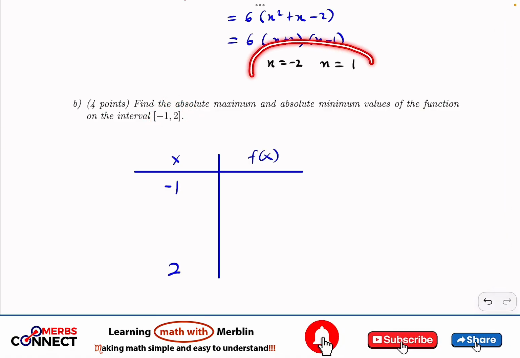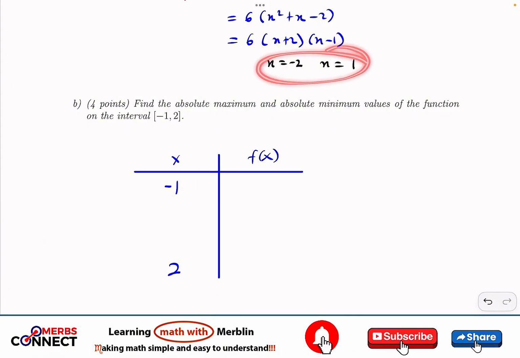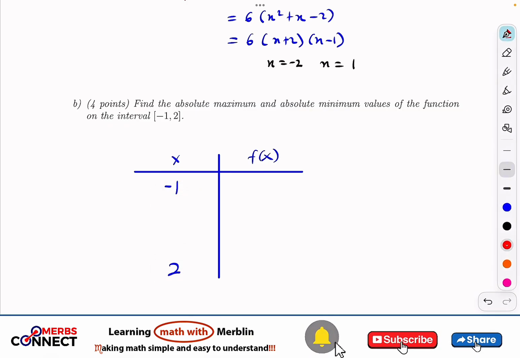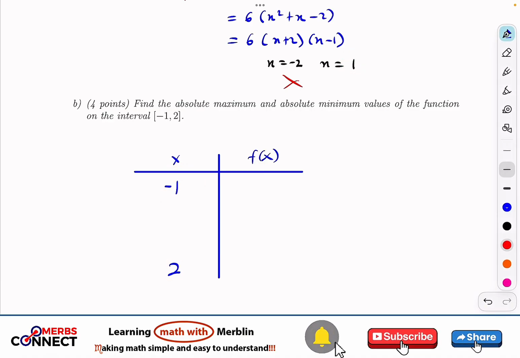And the one which is going to be in between the endpoints should be a critical point. So now we ask ourselves: do we have minus 2 in between minus 1 and 2? No. So it means that this is out. Do we have 1 in between minus 1 and 2? Yes. So it means that we can bring the 1 here.